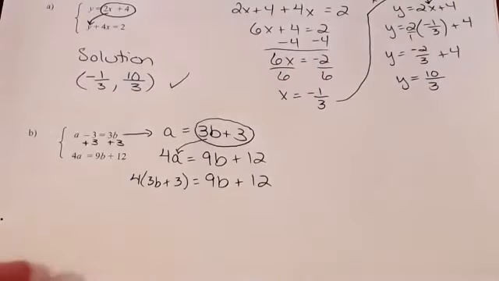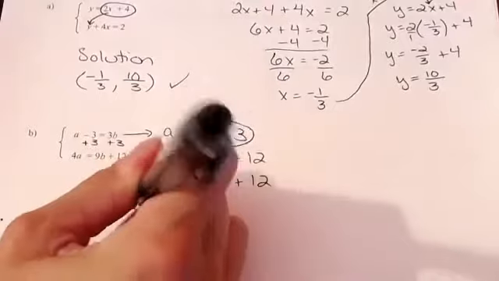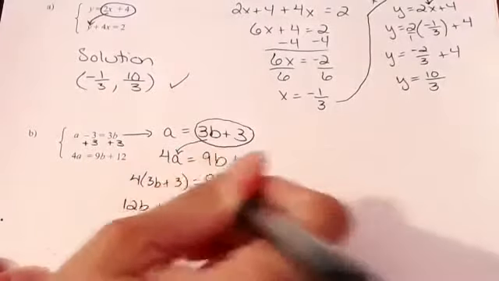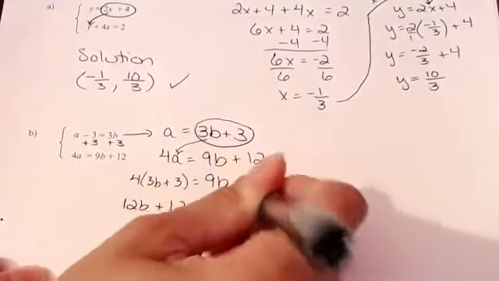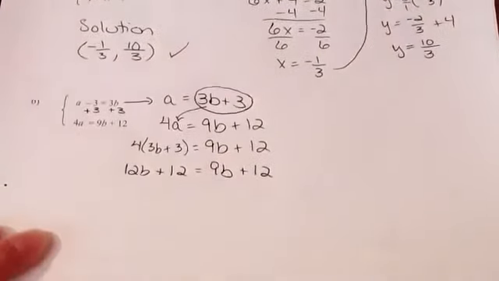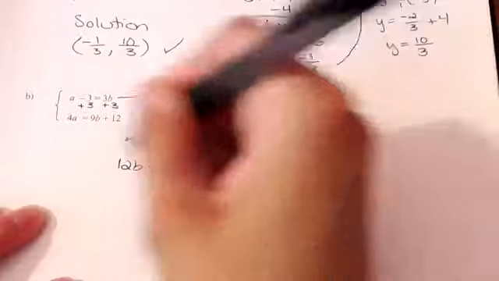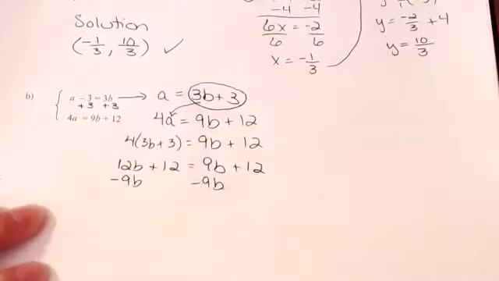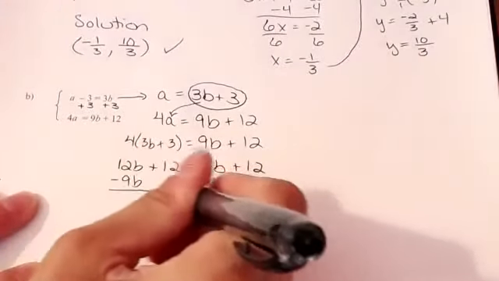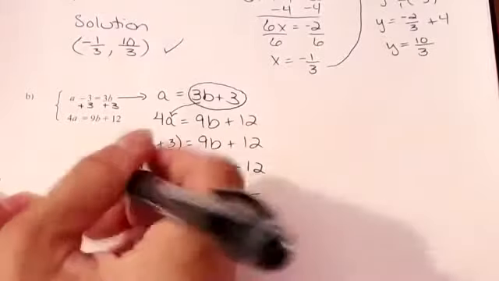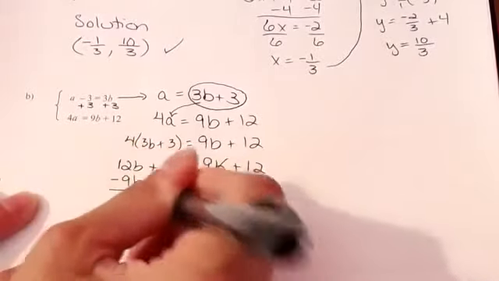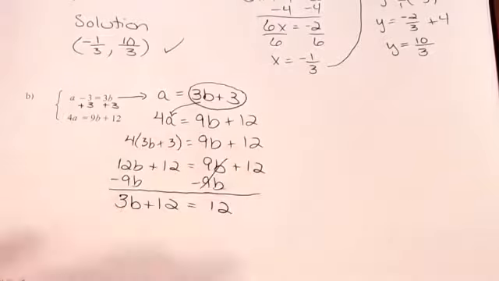At this point, we just distribute and solve. We have 12b plus 12 equals 9b plus 12. Always move the variable terms first. This is something I stressed time and time again last semester. So we're going to subtract 9b first. That gives us 3b plus 12 is equal to 12.